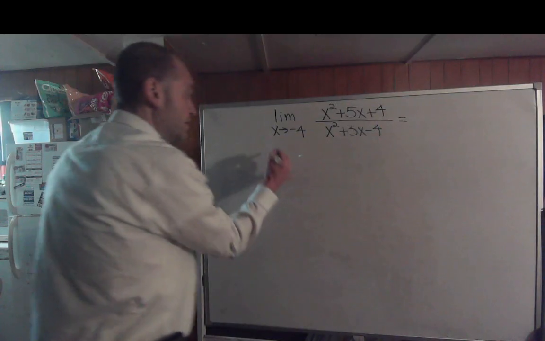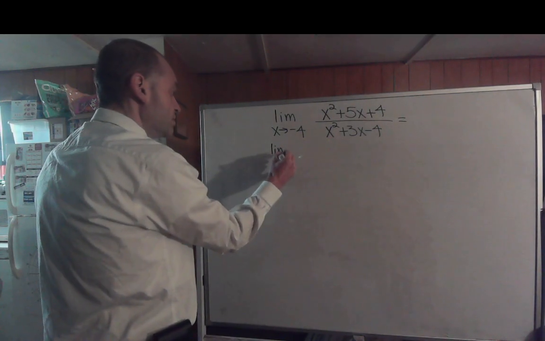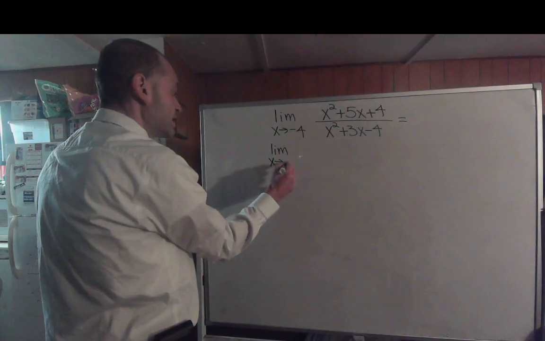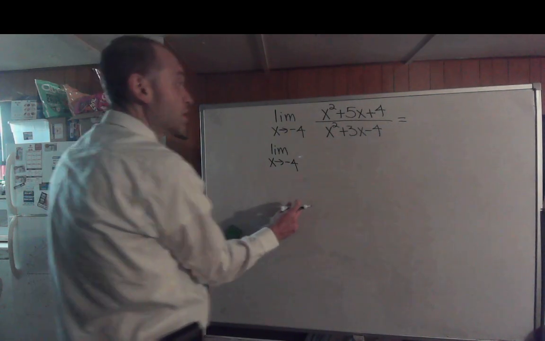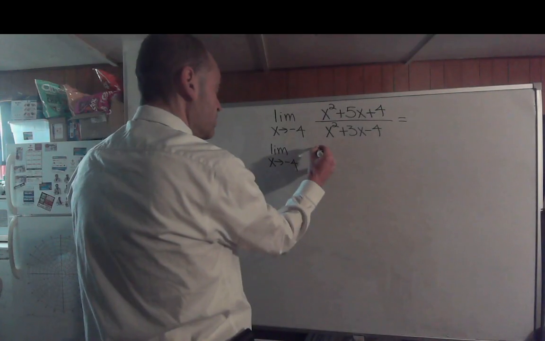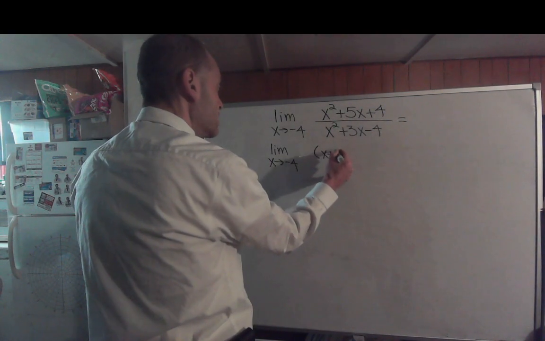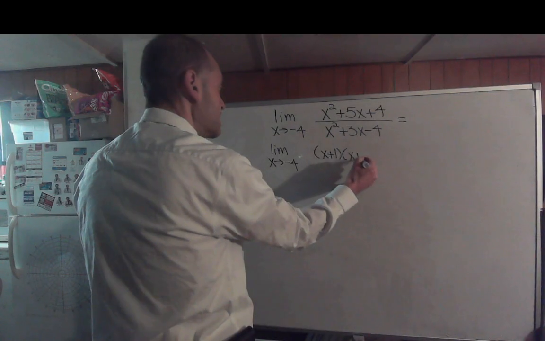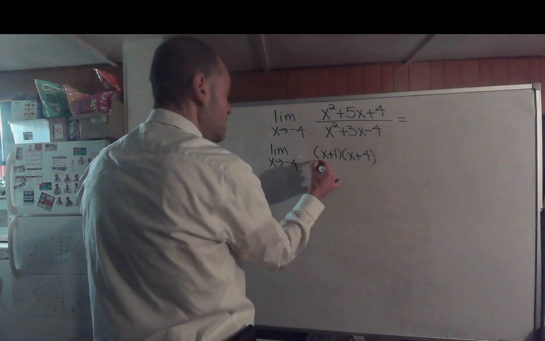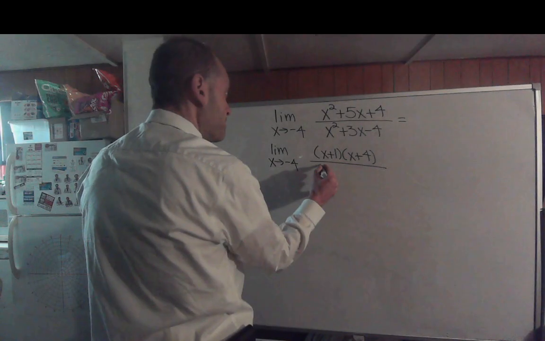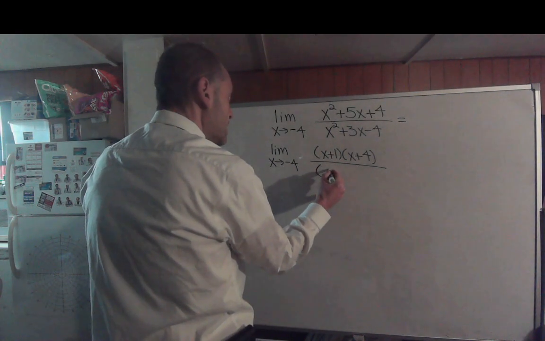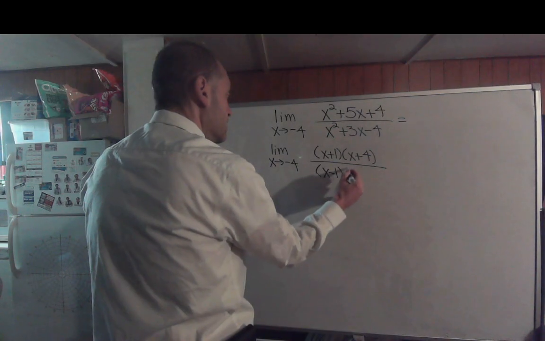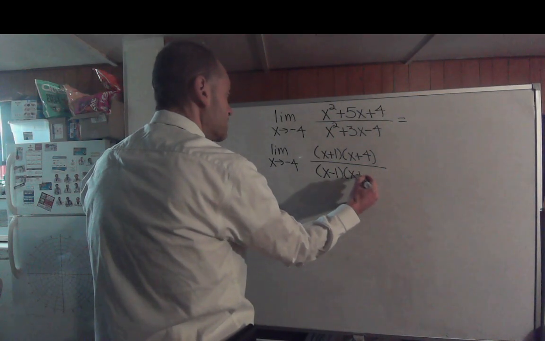But if we can't do direct substitution, our next approach should be to try to factor both the numerator and the denominator. So let's keep that limit notation for a minute. The limit as x approaches -4 of, let's factor the numerator, this would end up becoming the quantity of x plus 1 times x plus 4, divided by x minus 1 times x plus 4.